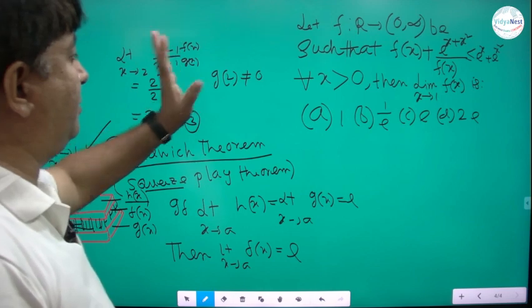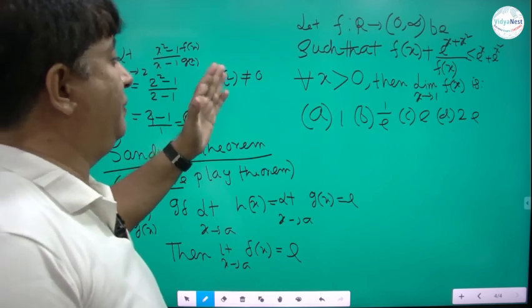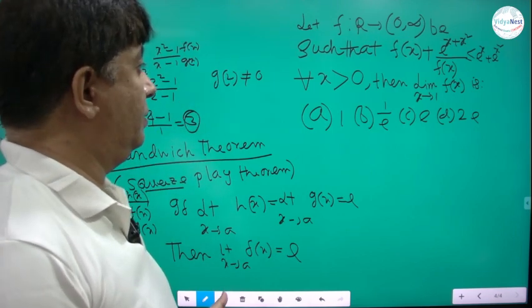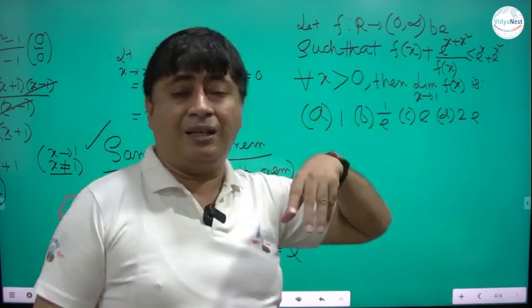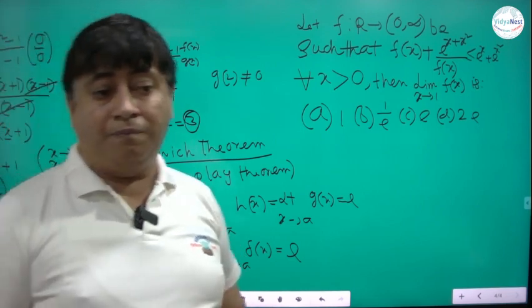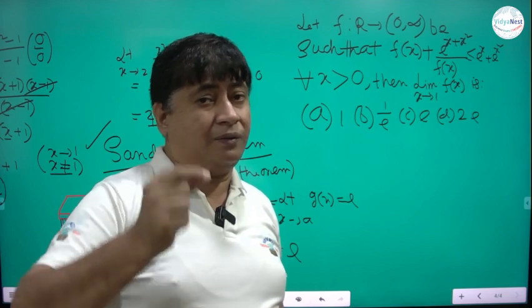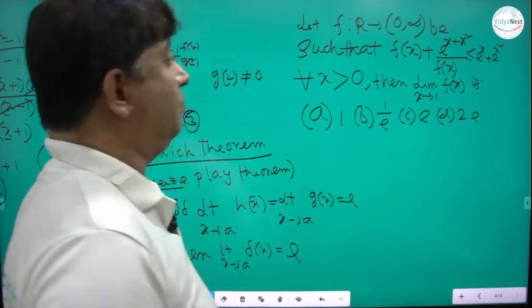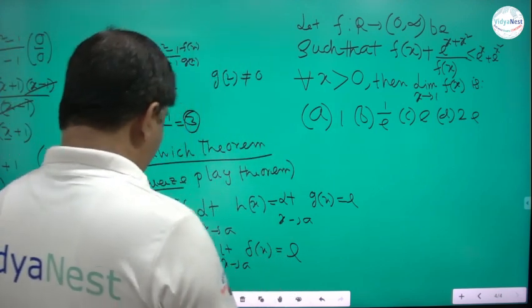Apparently, this seems very gigantic to us, but actually the simplification demands the basic algebraic trick of class 7, middle term factor. Okay? How?